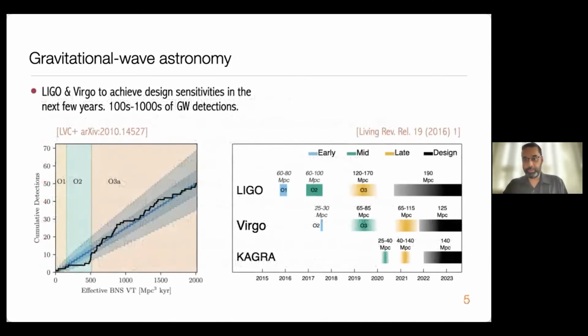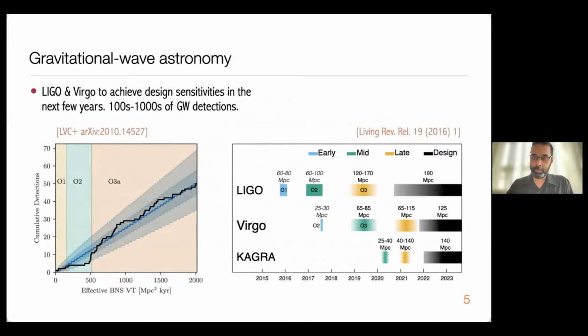So we know that the LIGO and Virgo detectors have not yet achieved their design sensitivities, which are expected to happen in the next few months during the upcoming O4 observing run. And there are additional upgrades planned to Advanced LIGO and Virgo, including so-called A+ upgrades.